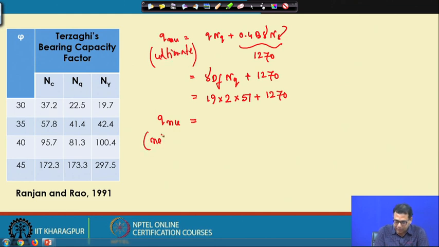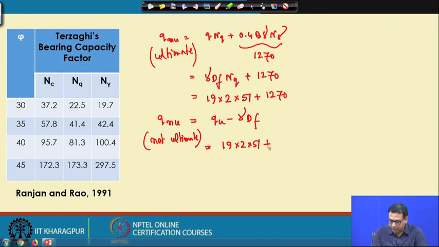If I get the net ultimate, then this will be the ultimate minus gamma D f. So, we get net ultimate as 19 into 2 into 51 plus 1270 minus gamma 19 into 2, D f is 2 meters. Ultimately this value is 3170 kilonewton per meter square.